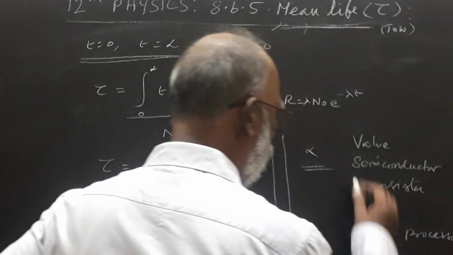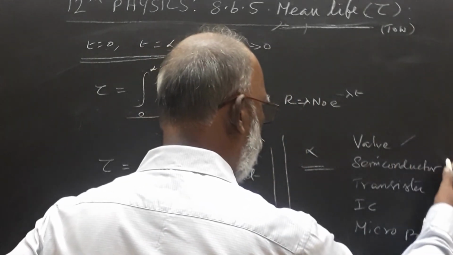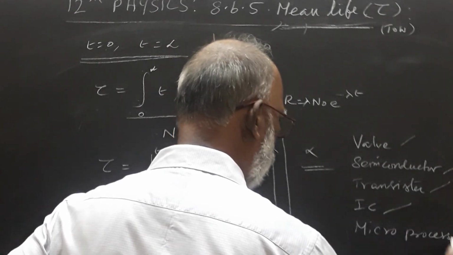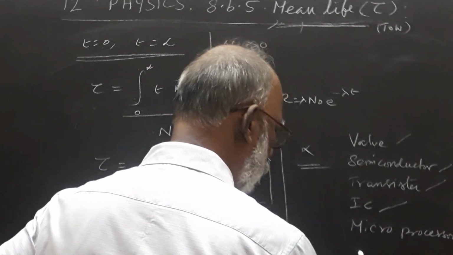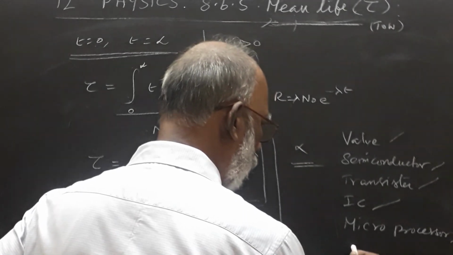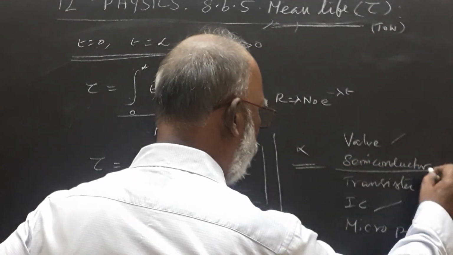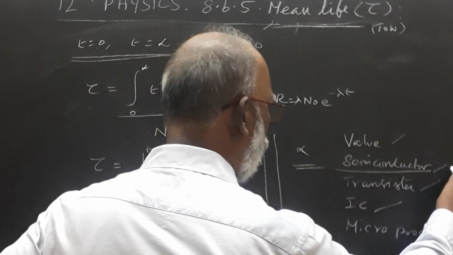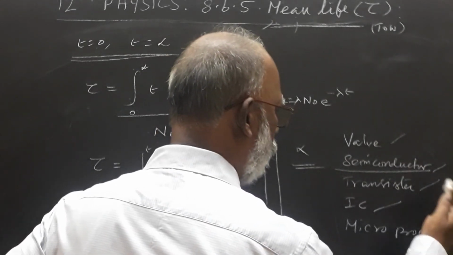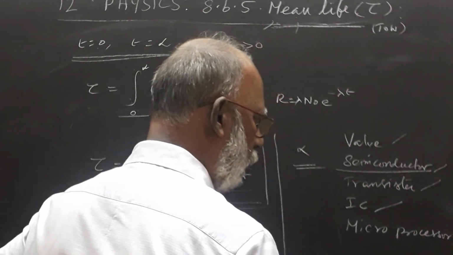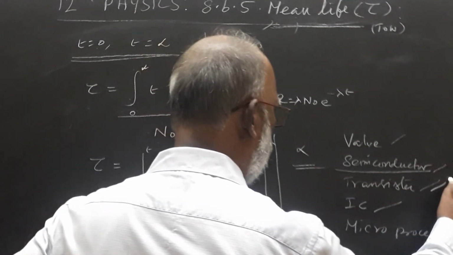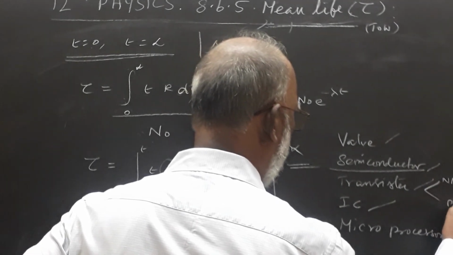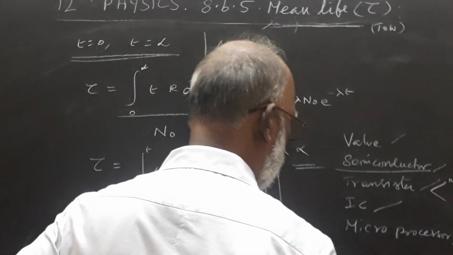This is the valve, first generation, second generation, third generation, integrated circuit, microprocessor. Now silicon is the semiconductor. Transistor is also on the basis of diode, triode, tetrode, pentode, like this. Here transistors are of two types, NPN and PNP.